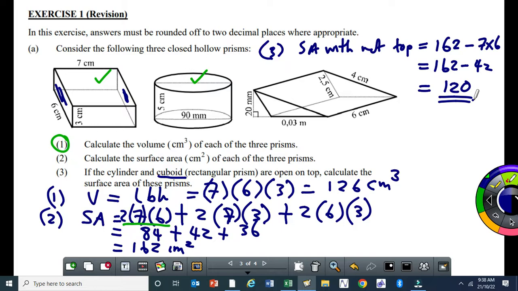Is that making sense? Or you can repeat writing this and that, then you say plus 7 times 6, you get to 120.